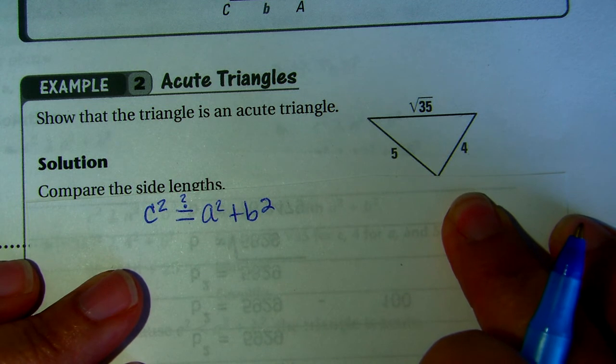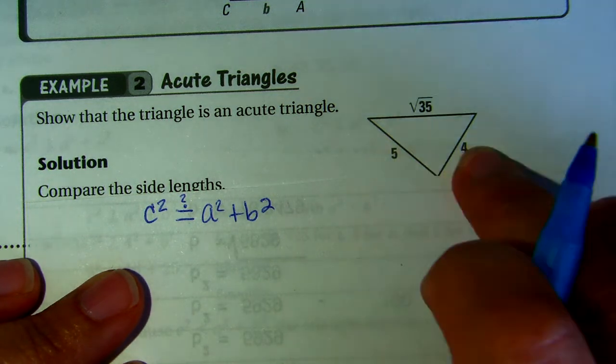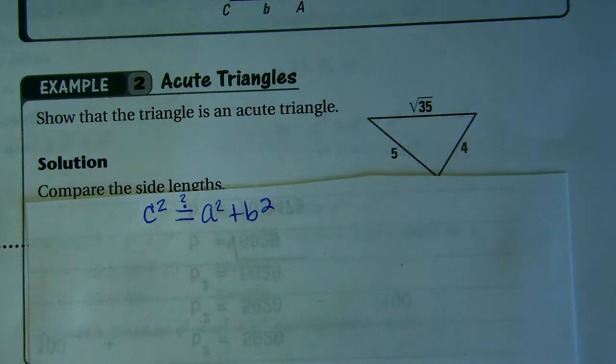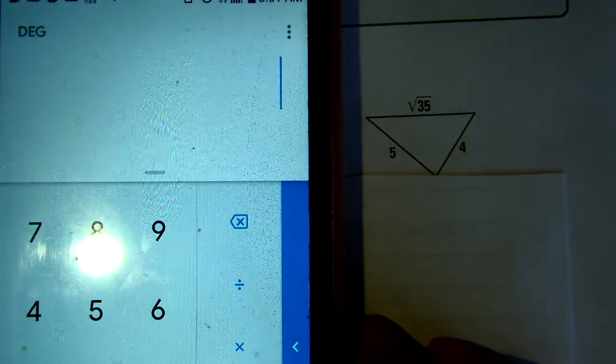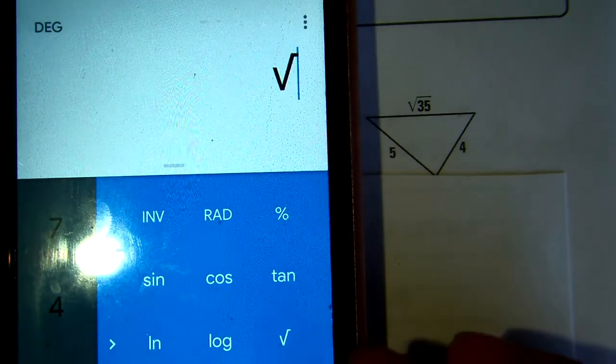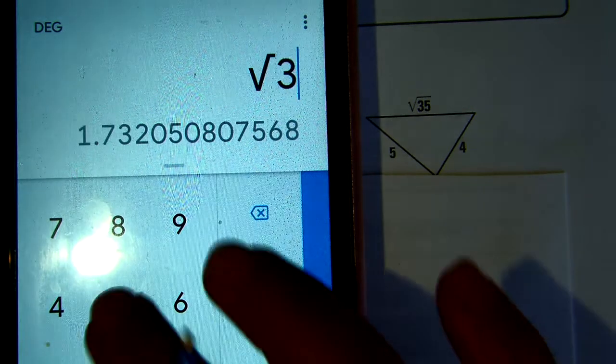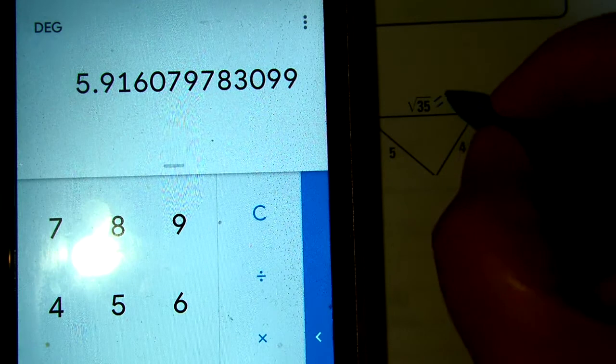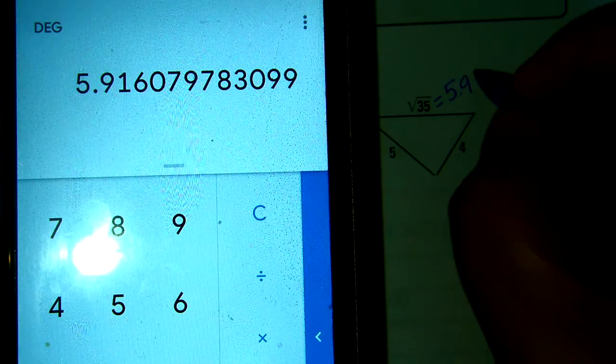We're going to define, first of all, which of these three numbers is the longest, the biggest number. So I see the square root of 35. Let's get the square root of 35. The square root of 35 gives me 5.91.